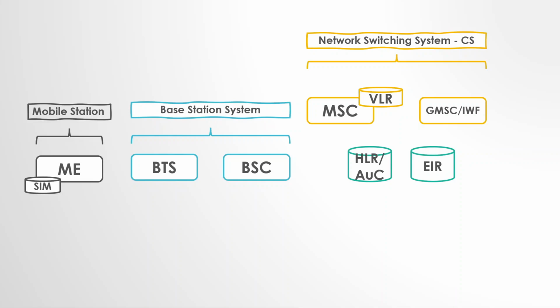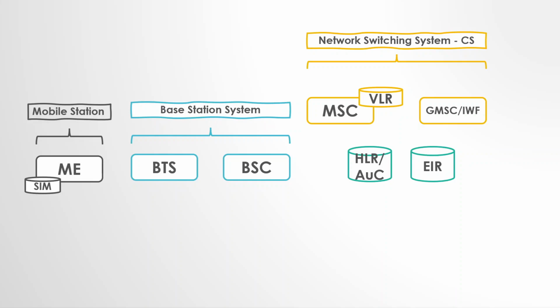Home Location Register (HLR) is a database in charge of the management of mobile subscribers. A GSM network may contain one or several HLRs depending on the number of mobile subscribers, on the capacity of the equipment, and on the organization of the network.